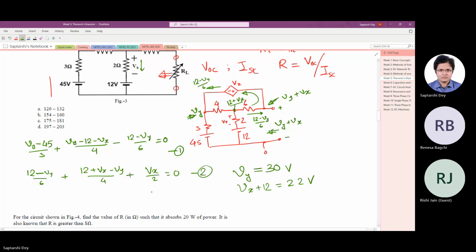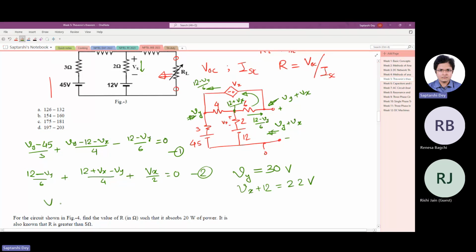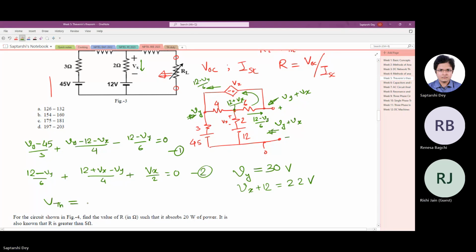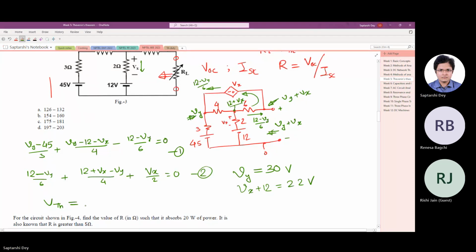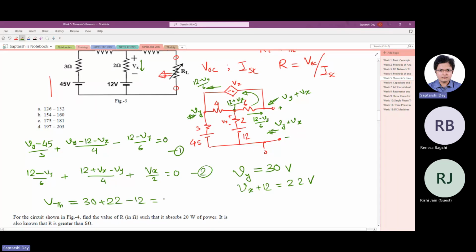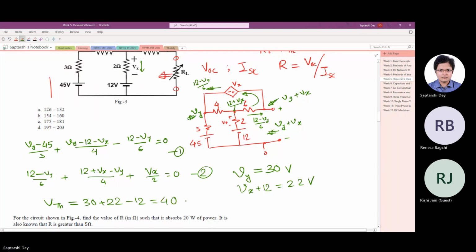Okay, so the open circuit voltage, as we saw here, is Vy plus Vx. So the Thevenin voltage is 30 plus 22 minus 12 from these two equations, which comes out to be 40 volt.